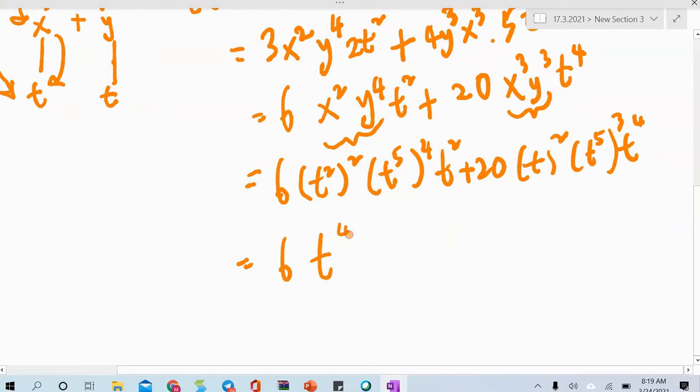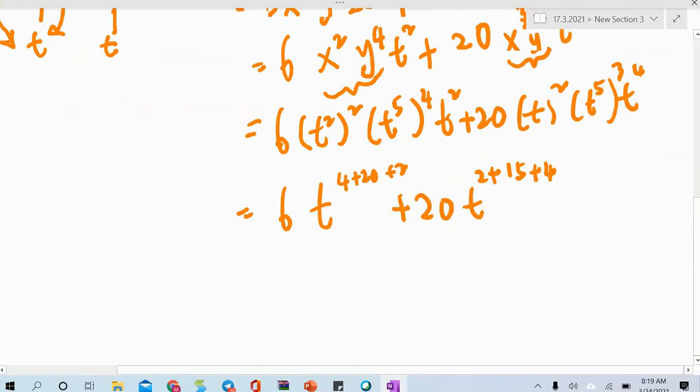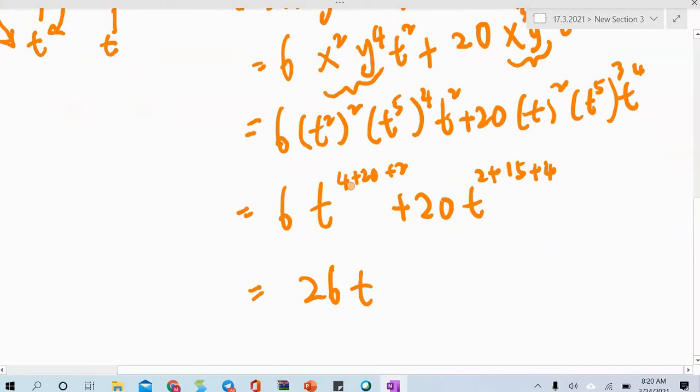So 4 plus 20 plus 2, 26. 6t to the power of 26 plus 20 t to the power of 17 plus 4.